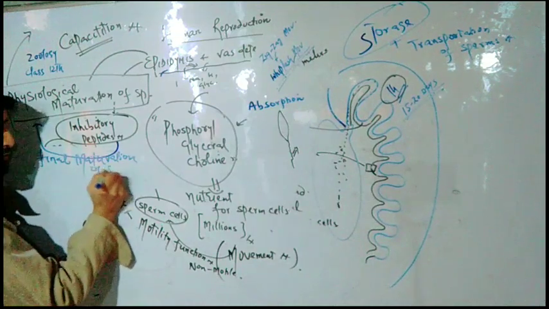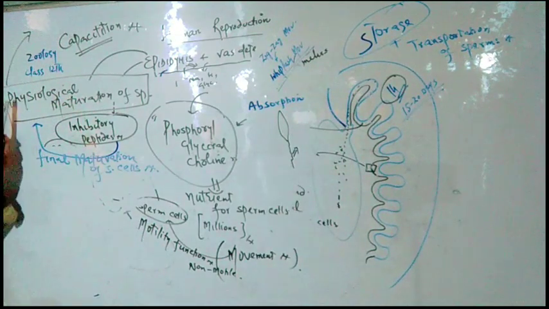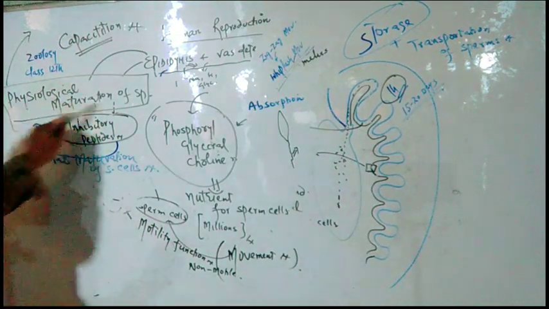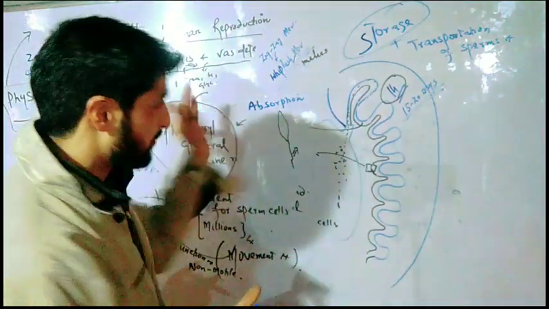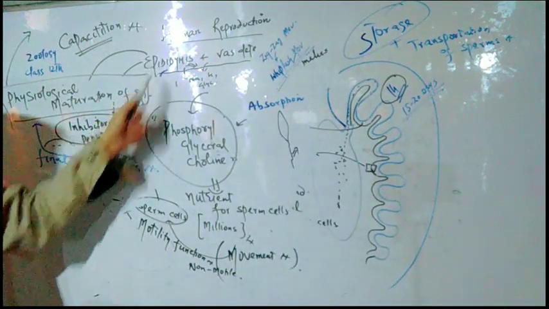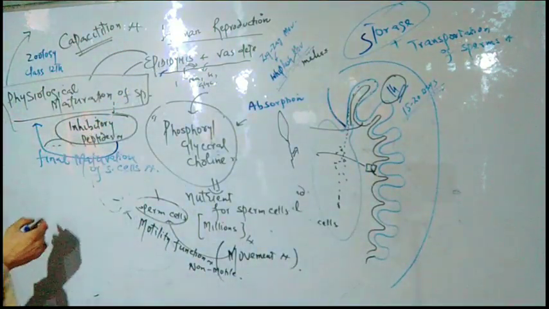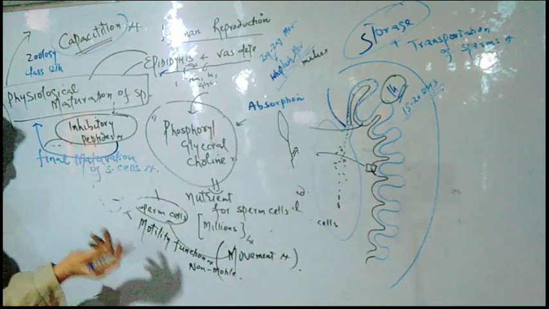Final maturation of sperm cells occurs in the female reproductive system. Here only basics, physiological maturation, slight movement of sperm cells. Sperm cells gain the power of movement in the epididymis. But the complete maturation of sperm cells, the concept called capacitation, occurs in the female reproductive system.